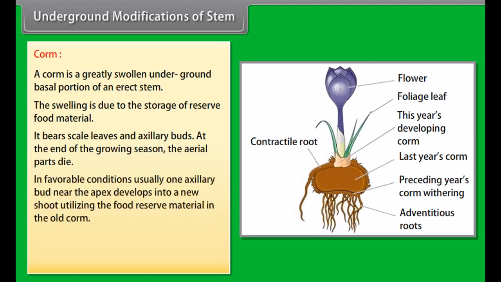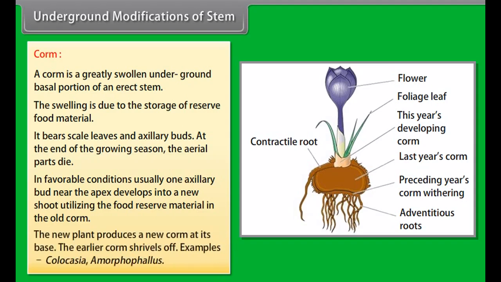In favorable conditions, usually one axillary bud near the apex develops into a new shoot utilizing the food reserve material in the old corm. The new plant produces a new corm at its base. The earlier corm shrivels off. Examples: Colocasia, Amorphophallus.